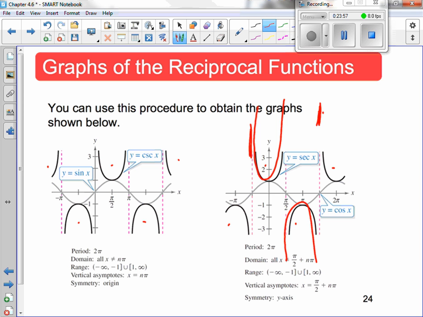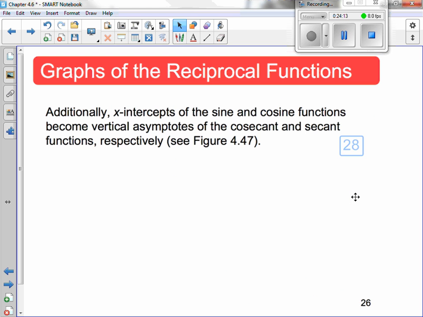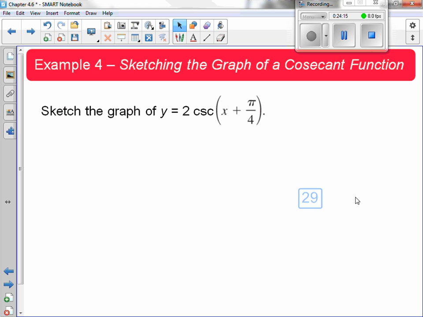The only real difference in these is that we have these vertical asymptotes, and we have these peaks and mins.